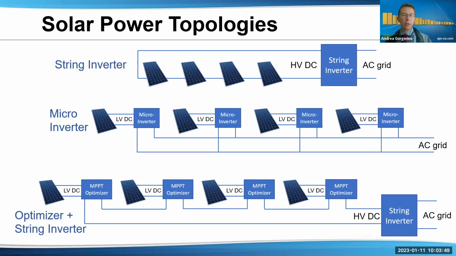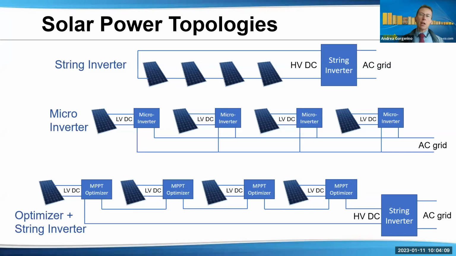The second approach is the microinverter. This one basically puts a single inverter for each panel. So you have the low voltage DC coming into the microinverter, going out as an AC, and all the AC is then put in parallel. This is more common in smaller systems like residential and commercial systems.